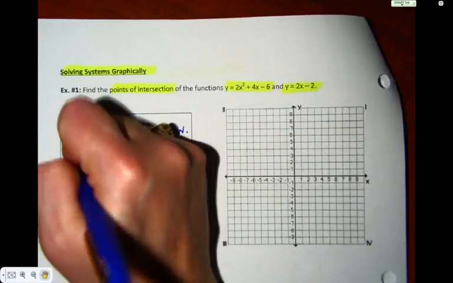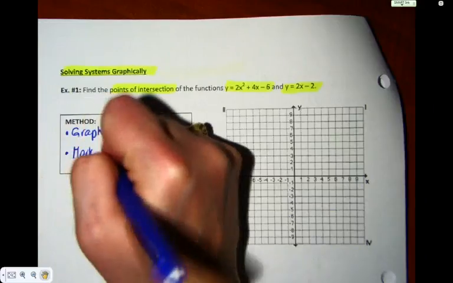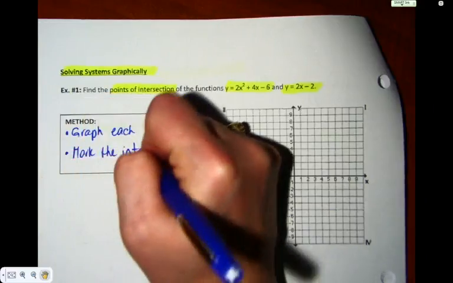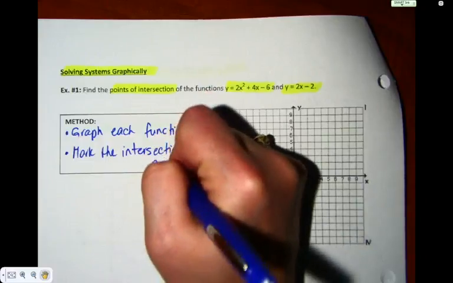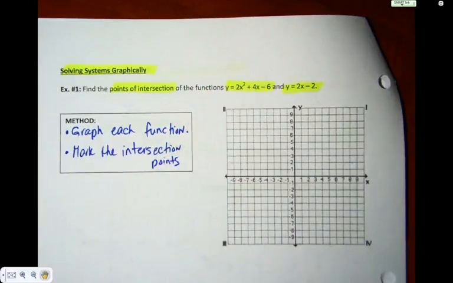Yep, so mark the intersection points. If you haven't noticed, that's exactly how you did linear last semester. You just list them. It's whatever the point is, or points.